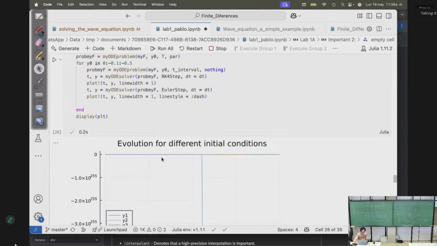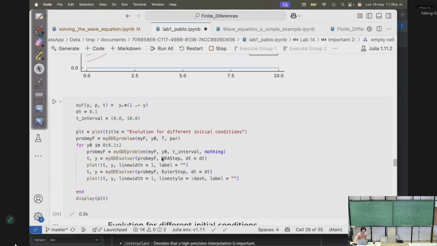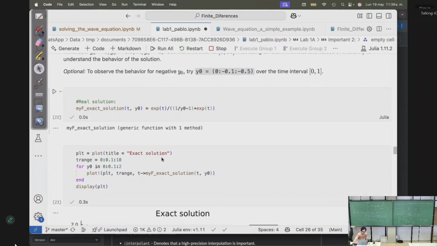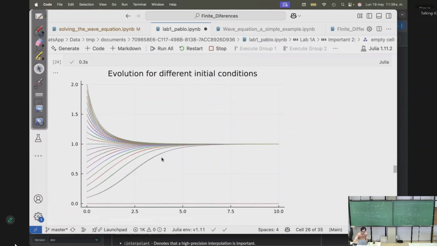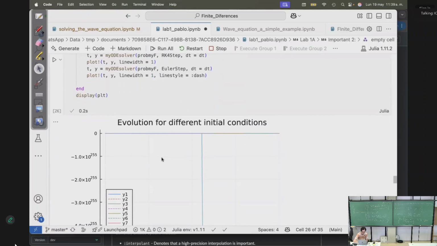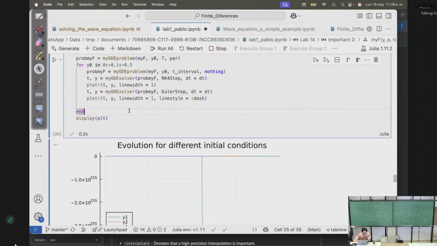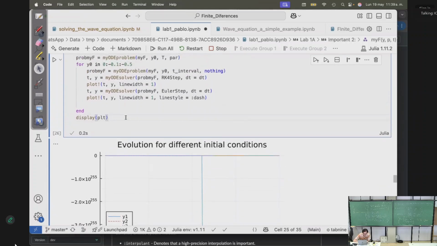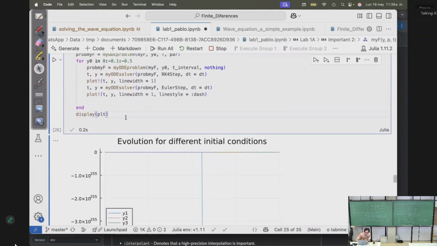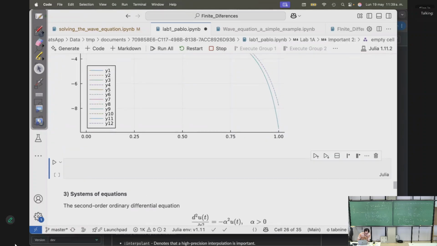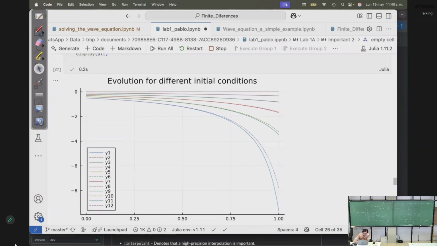And this is what we would expect, because recall that the actual solution does not exist. So this is not really a problem of the method, this is a problem with the problem that we are trying to solve. We are going far away from where the problem is actually valid, from where we can evolve. Okay, so we always try to stay where the problem actually has some actual solution.